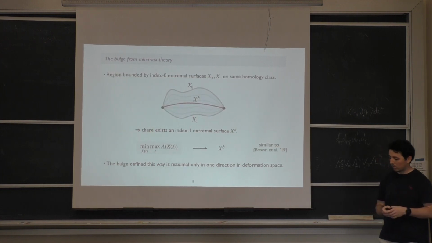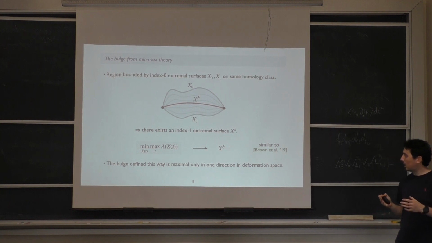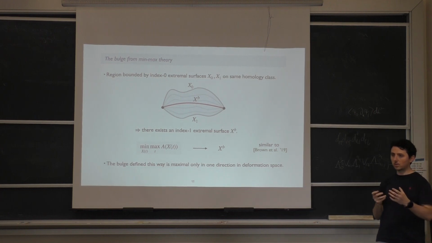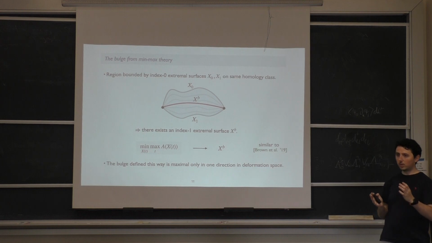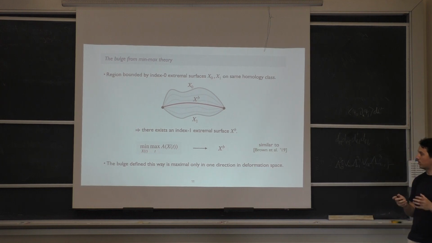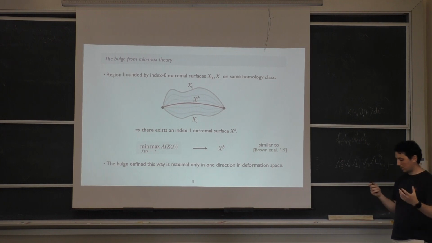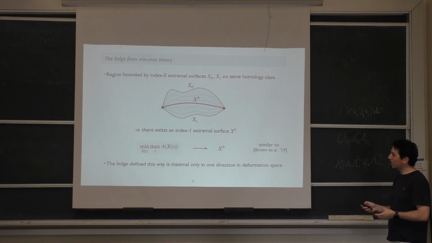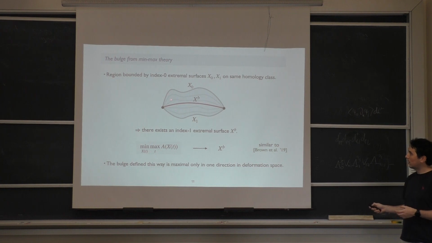Okay, so in differential geometry, there are mathematical theorems that guarantee the existence of index 1 extremal surfaces between two index 0 extremal surfaces. This is what I'm going to tell you about now. Let's assume the situation we care about in the Python Flash story, which is a region of some Cauchy slice, the blue region, delimited by two index 0 extremal surfaces in the same homology class.